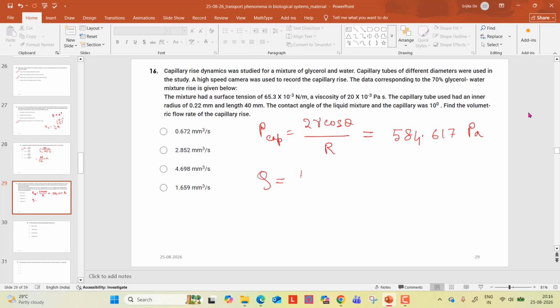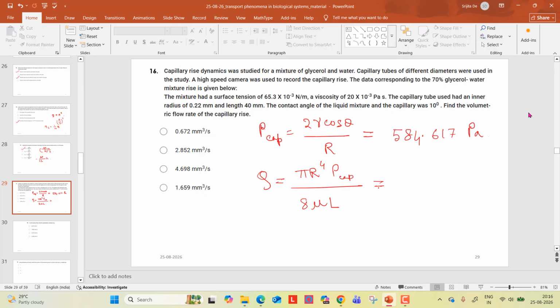Next will be calculating the volumetric flow rate. So it is pi r to the power 4 P capillary divided by 8 mu into L. So now put all the values and get the equation. Pi is 3.14 into r to the power 4, right?